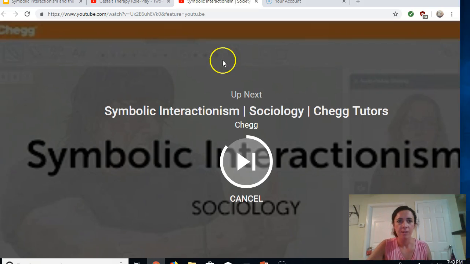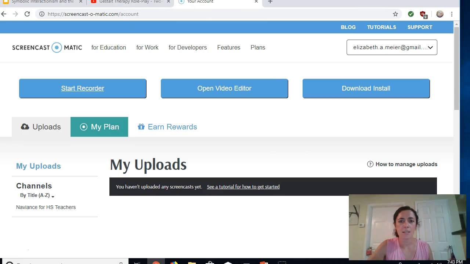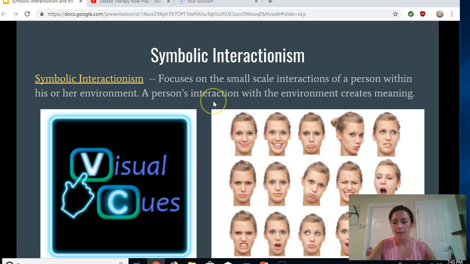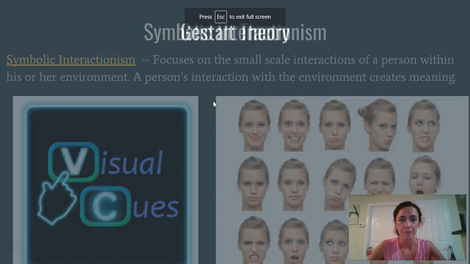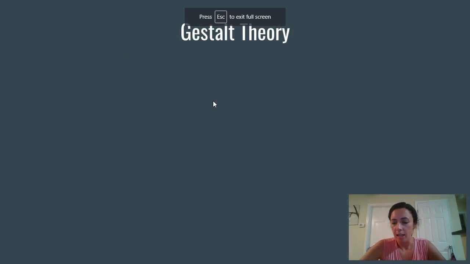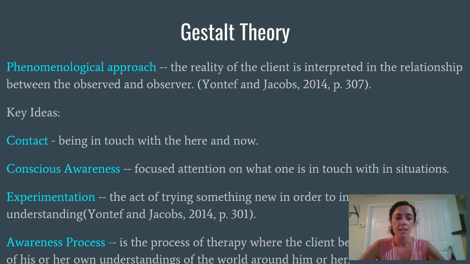Now that we've reviewed what symbolic interactionism is, let's go back and review a little bit about Gestalt theory. Gestalt theory, started by Laura and Fritz Perls back in the 40s and 50s, is based on some very key factors, and we aren't going to go into too much detail tonight because we've already covered Gestalt theory in another lesson.